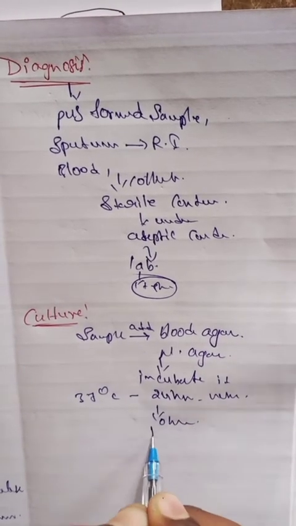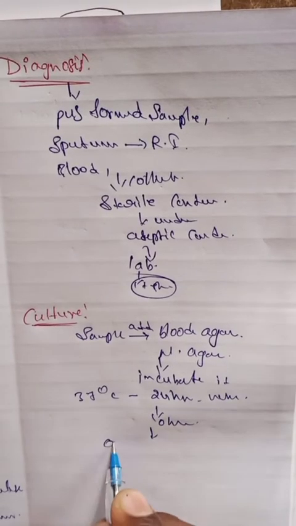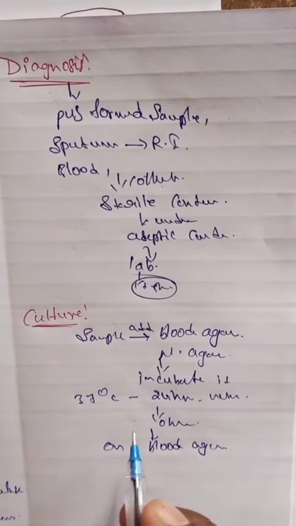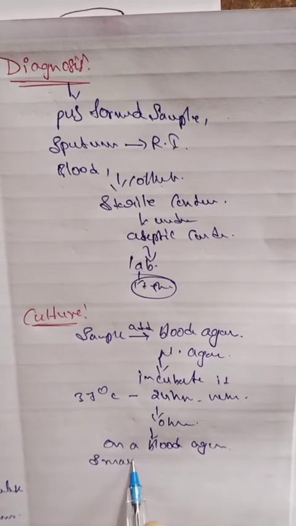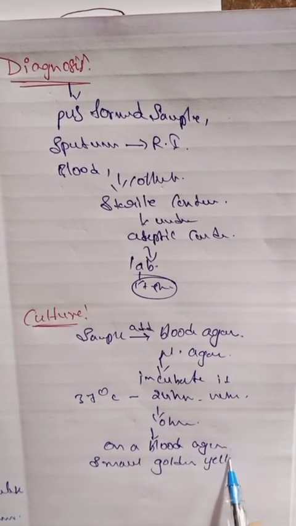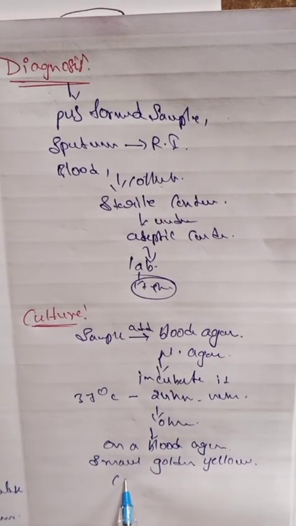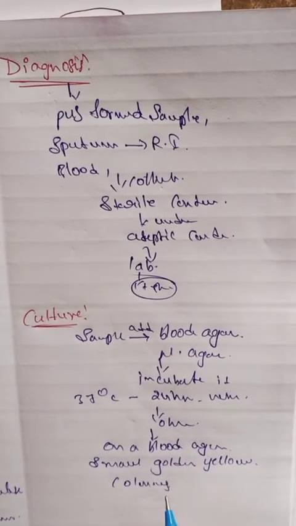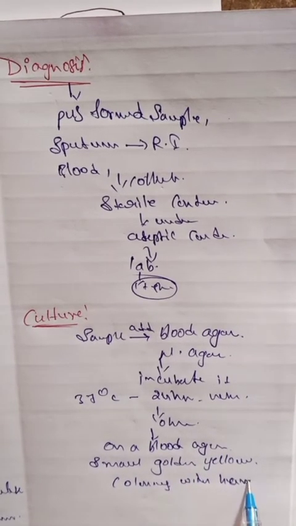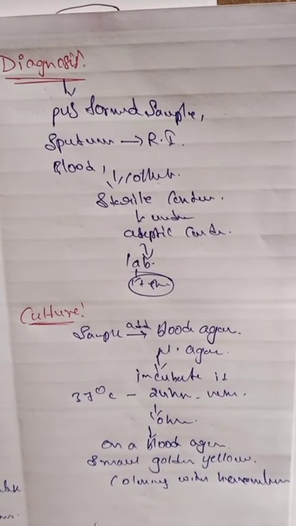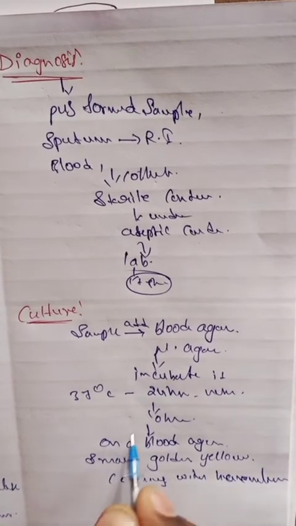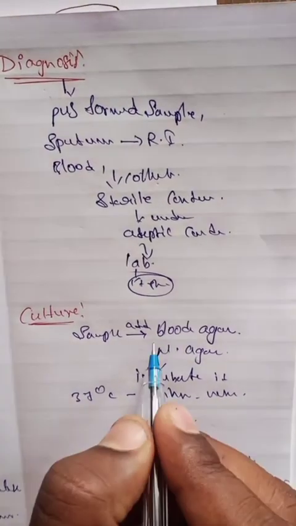What happened? On blood agar, the Staphylococcus produces small golden yellow colonies with hemolysis seen.